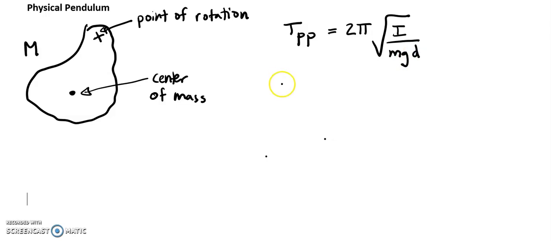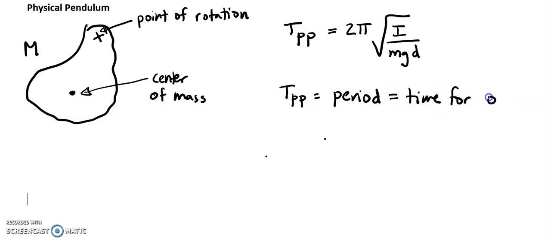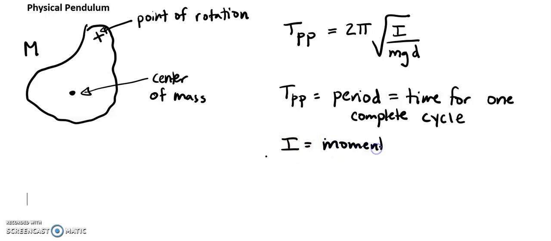So let's go ahead and define a couple of things. Period, we know what that is. That's the time for one complete revolution or one cycle. We'll oftentimes measure that in seconds, but we could use different units. I is the moment of inertia, and we'll oftentimes use kilogram meter squared for those units, but again, other things are acceptable too.